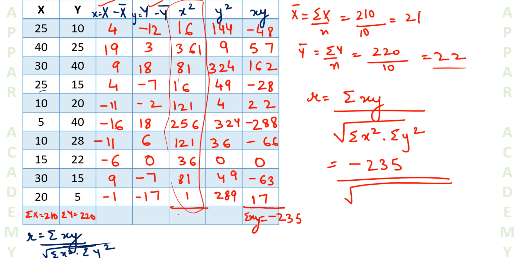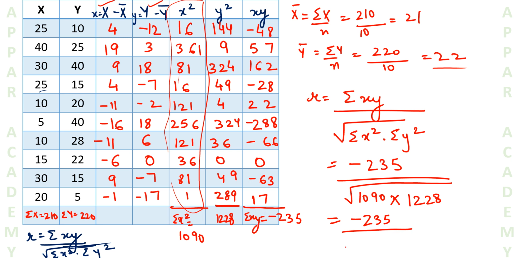This becomes summation x square equal to 1090, multiplied by summation y square. Summing this entire row up, we get 1228.